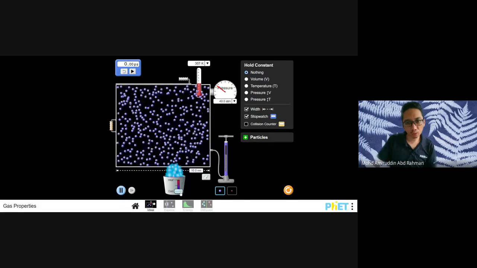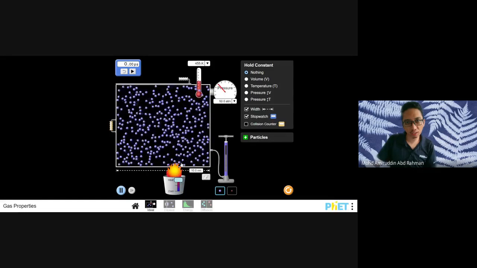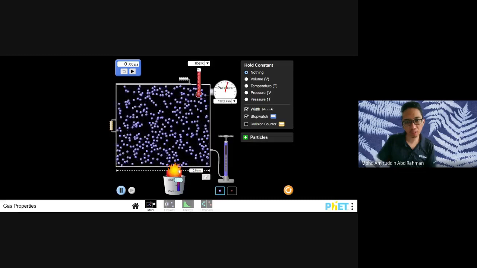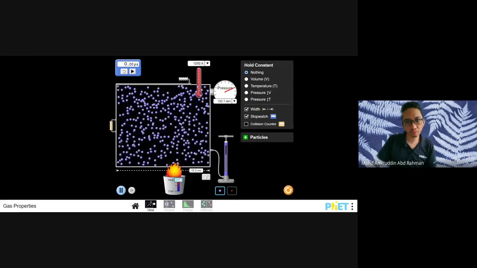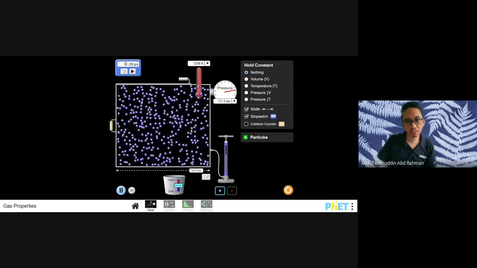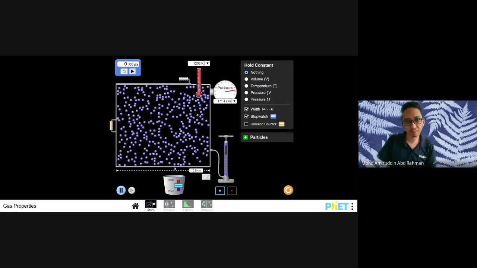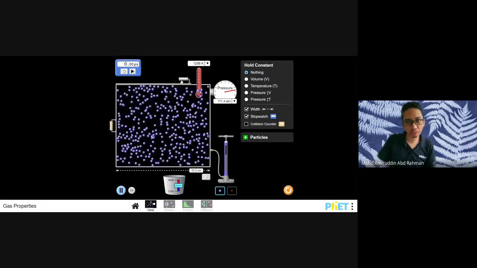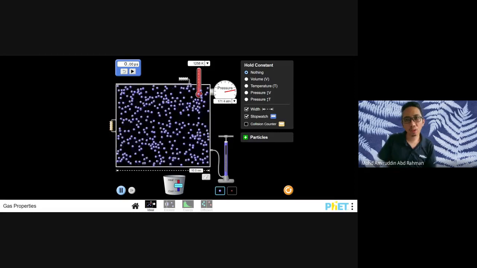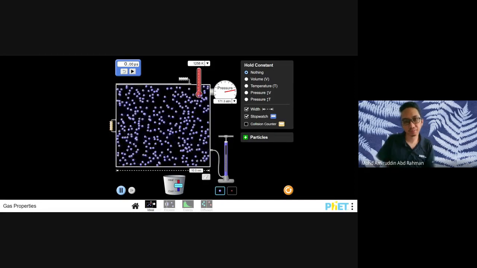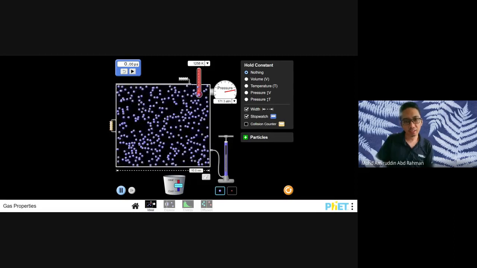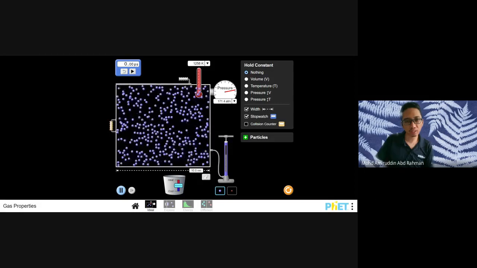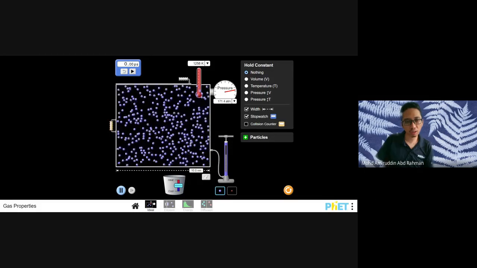Let's say you want to use the heat, so you increase the pressure. This is a relationship for the next experiment. Whenever you hit this box, the energy of the gas will be higher, because that's related with the kinetic energy of the molecule.